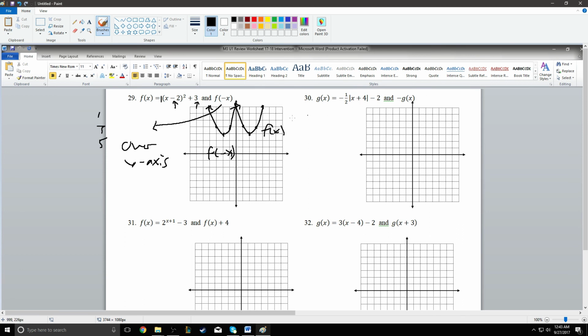Okay. Over here for number 30, g of x and negative g of x. The negative is in front. If the negative is in front, that means that you're going to go over the x-axis. So this is left 4, down 2. Left 1, 2, 3, 4, down 2. And negative 1/2 means down 1 over 2, down 1 over 2, down 1 over 2, down 1 over 2.